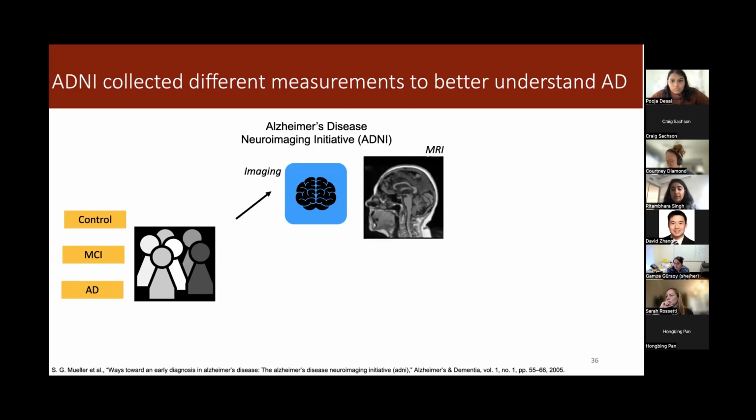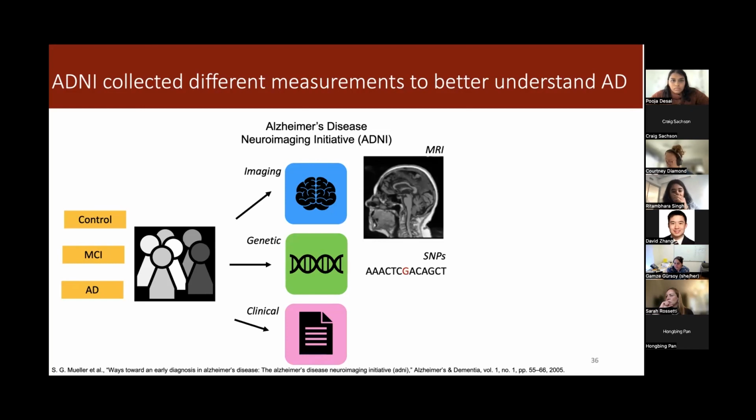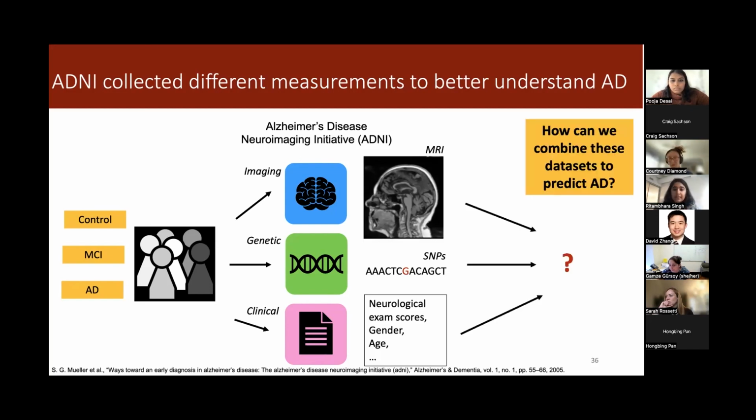So for this study, we'll be using the MRI, genetic data, which here will be the SNPs, and then clinical data sets that have information about the demographics of the patient, but also things like neurological exam scores and so on and so forth. And so the question becomes: given that we have these different types of data sets, can we combine them in an efficient manner so that we can make accurate predictions for the Alzheimer's disease diagnosis?